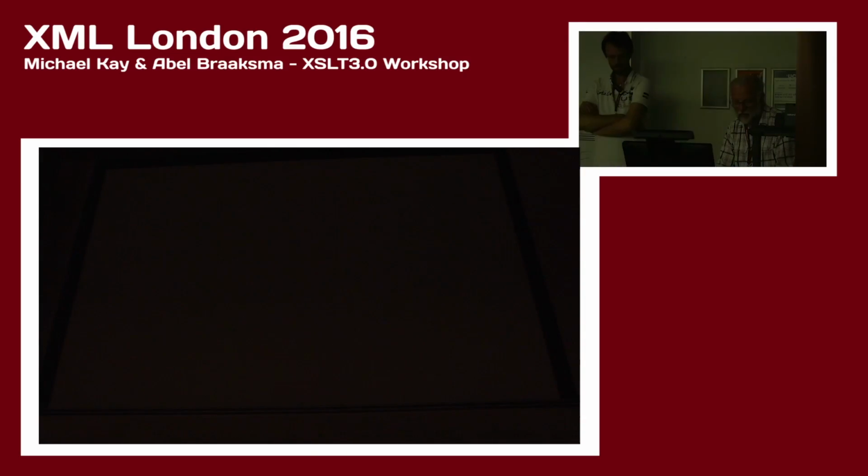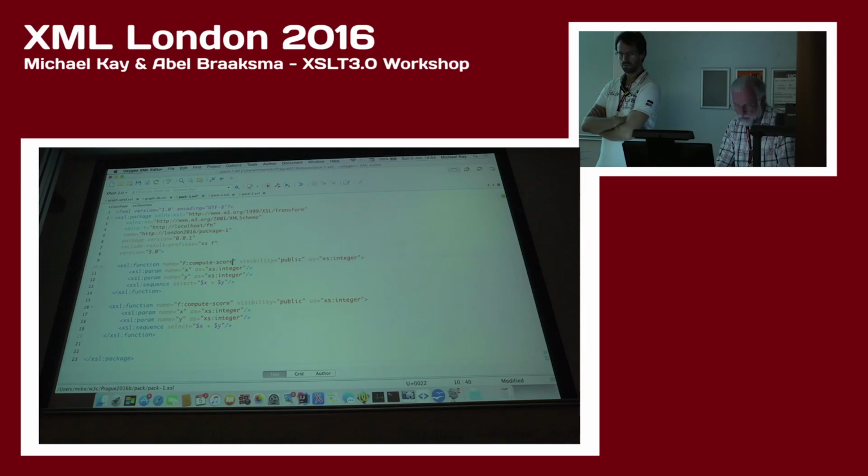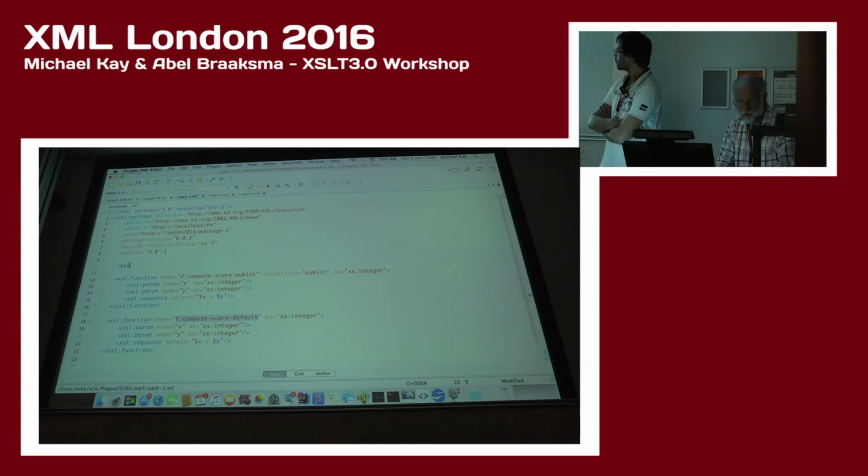We're making a public version of that, and we're making a default version, is that right? Yep. And then, did we have an expose? Yep. Expose with star. Yeah, component. No, component function.